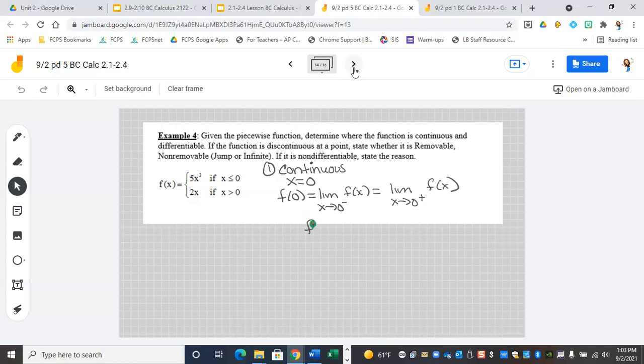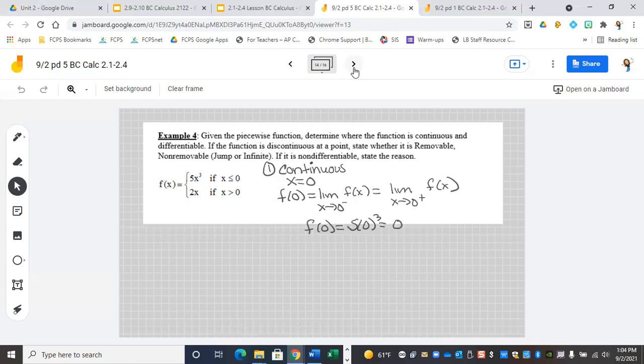So how do I find f of 0? Where do I plug 0 into, the first or the second part? First. So 5 times 0 to the third is just going to give me what? 0. This also tells me what? When x is less than or equal to 0, this is also telling me the limit as x approaches 0 from the left. Remember what I say from the left?